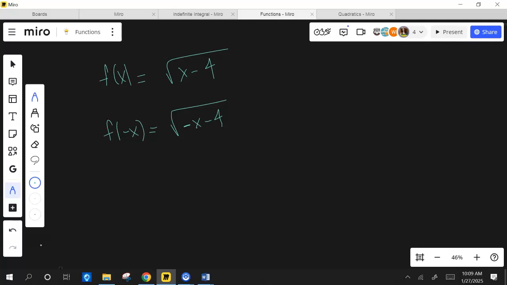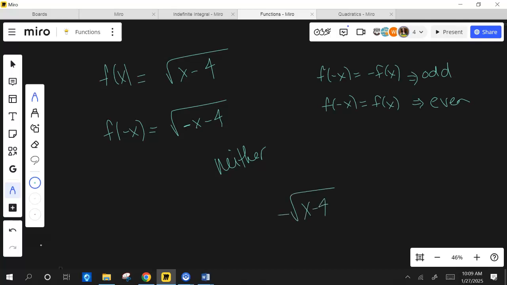So this one is a neither, and this one is a neither, because there's no way it's going to be completely opposite and it does not look exactly the same. So if the negative belongs outside of the square root, would it have been odd? Yes. If you had plugged in and you got this, yes, that would be odd.